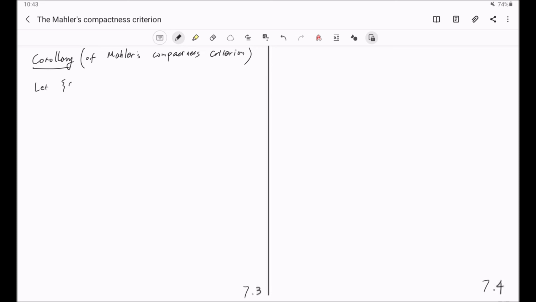Let g_t, parameterized by the non-negative real numbers, be a subset of SL_d(R). In practice, this is usually a one-parameter subsemigroup of SL_d(R), but here we don't need that. We just make this to be any subset.